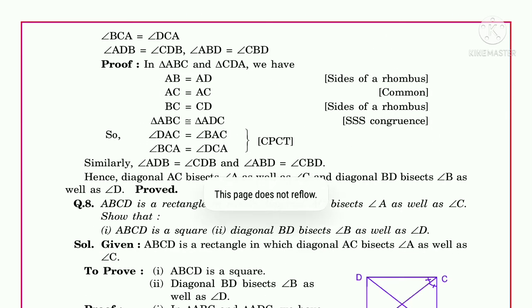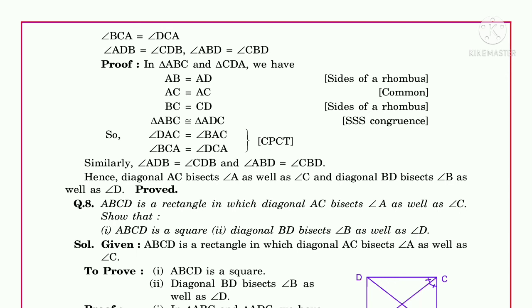Now here we have to consider two triangles. As you see in the diagram drawn here, two triangles: ABC and CDA. If we consider these two triangles ABC and CDA, AB equals AD, because in a rhombus all sides are equal.